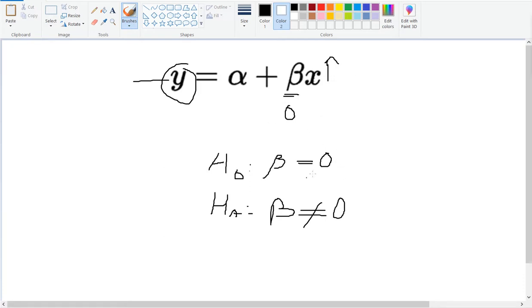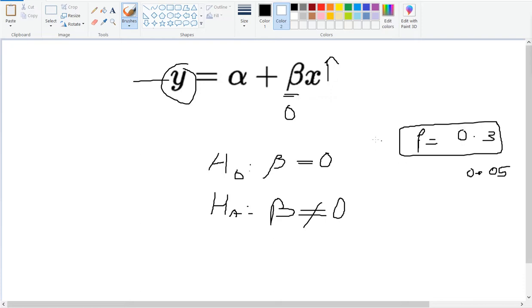So if you got a p-value, okay, and your p-value ended up being, I don't know, 0.3, all right? 0.3 is greater than 0.05. Since p is greater than 0.05, therefore we accept the null hypothesis.